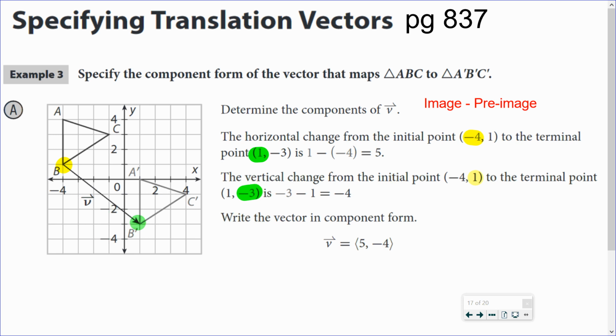They already give you the two shapes, so you just have to figure out what the vector is going to be. You start with the pre-image and then you end up with the image. But when you get ready to subtract these, remember you always want to subtract the image from the pre-image.